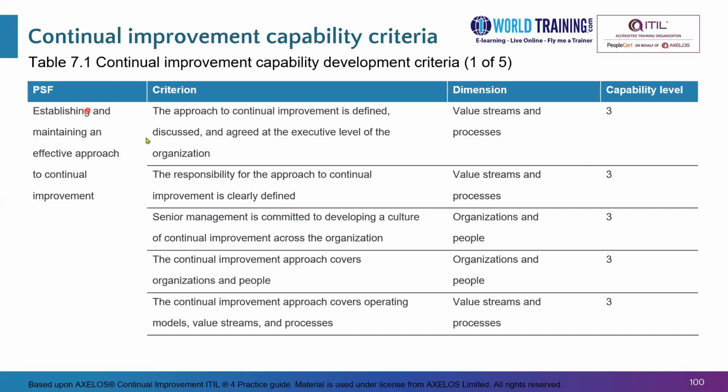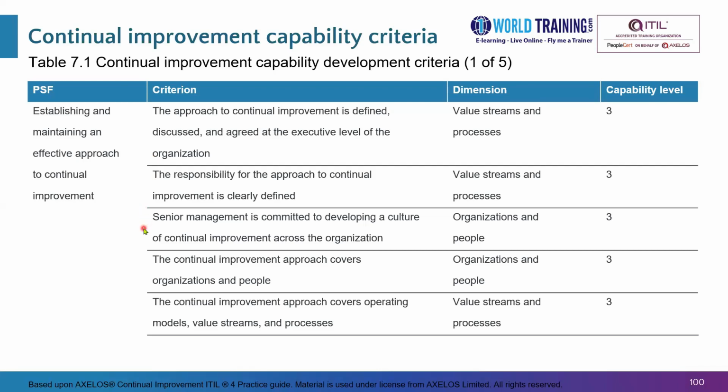For the exam, you need to particularly remember and understand the criteria against each PSF. So let's look at those carefully. So this PSF is about the approach, and all the criteria have some connection with the approach. So for example, the first one is that the approach for the continual improvement is defined, discussed, and agreed at the executive level of the organization. And the second is that the responsibility for the approach is also clearly defined.